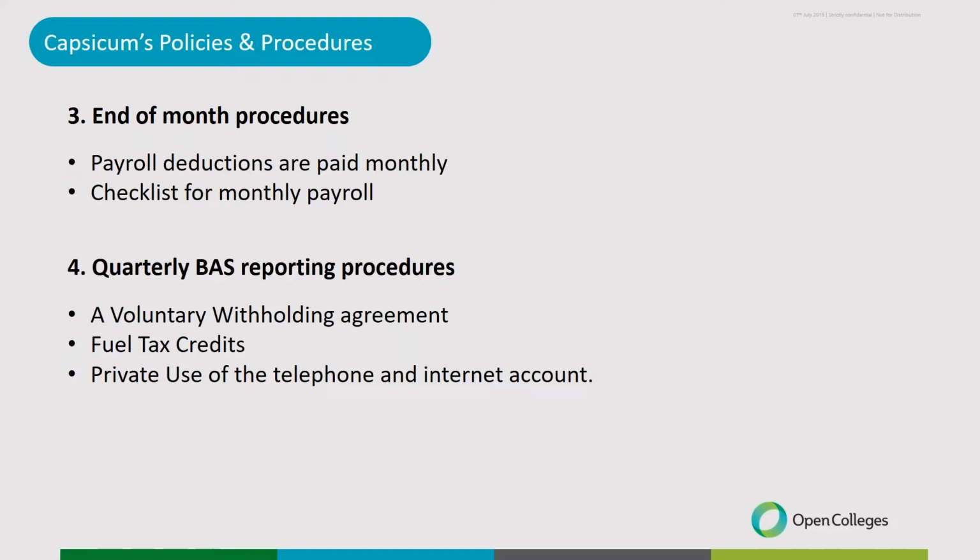Quarterly business reporting procedures for Capsicum: of course, they will do the business activity statement, and for that, they will make sure they have withheld the voluntary withholding agreement if there is any, and they will record fuel tax credit to get some reduction for BAS liabilities, and private use of the telephone and internet account. So we are going to have a look at these in detail soon.